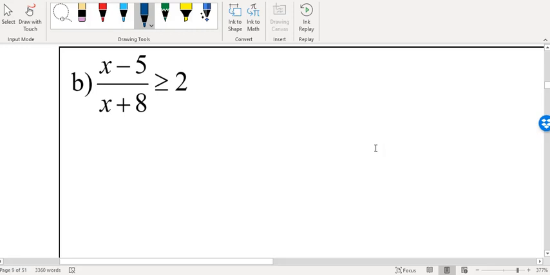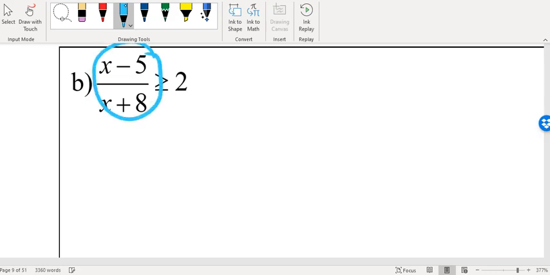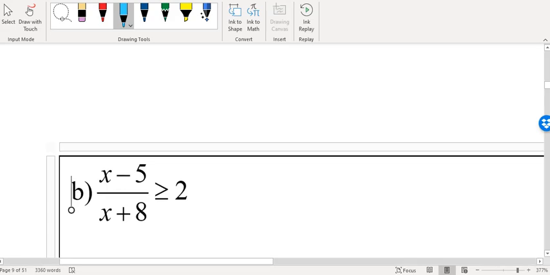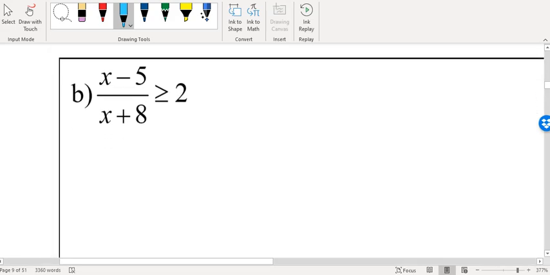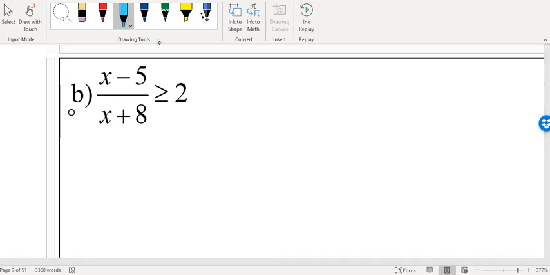Okay, let's try B. As I mentioned earlier, every time you see a fraction or rational inequality, the first thing in your mind is your right hand side to be 0. So here you have a 2. How to get rid of 2?